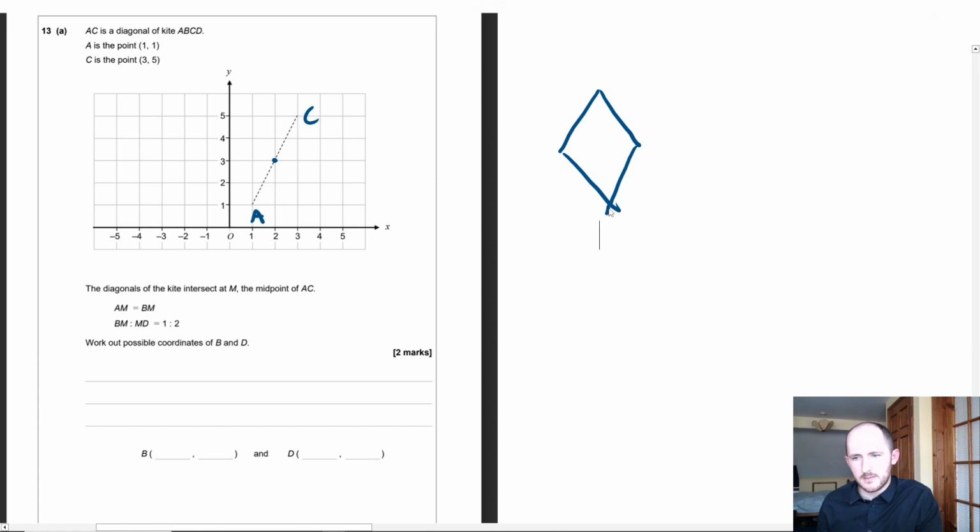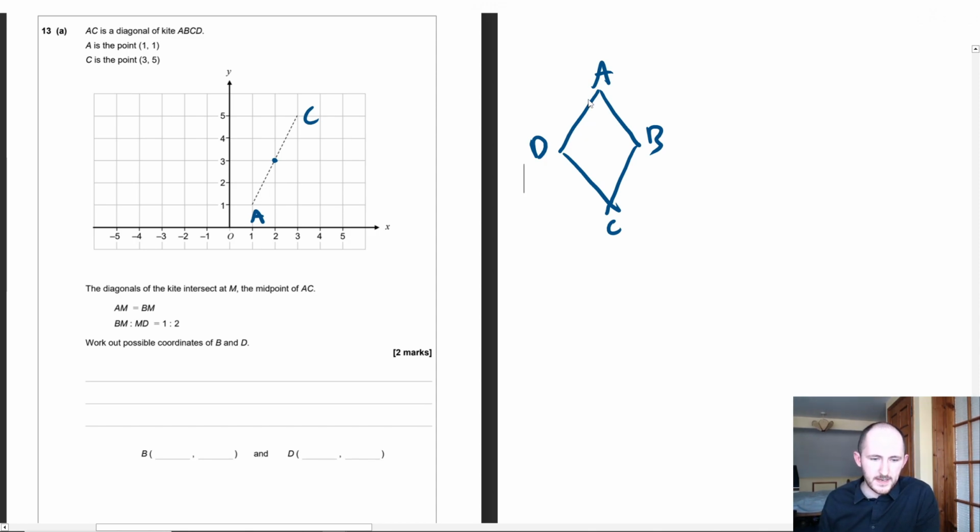Right. The wording of this question is throwing me off. One second. So this is ABCD, right? And it's saying AC is a diagonal of the kite. That doesn't make much sense. What are the possible coordinates of B and D? Okay. Well, either way, it's very weird wording, unless I'm reading this really wrong.